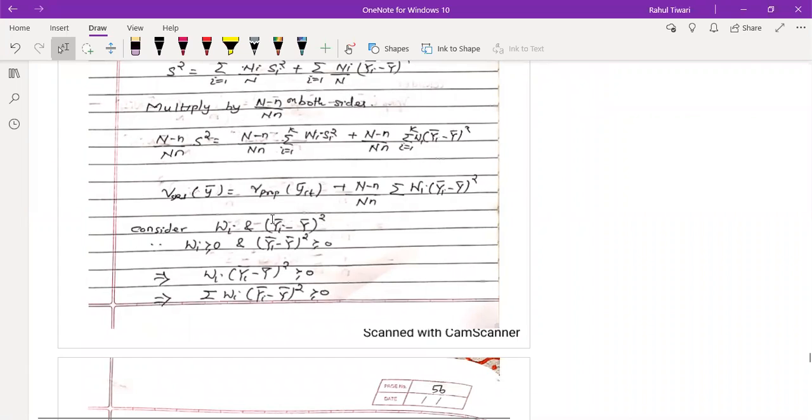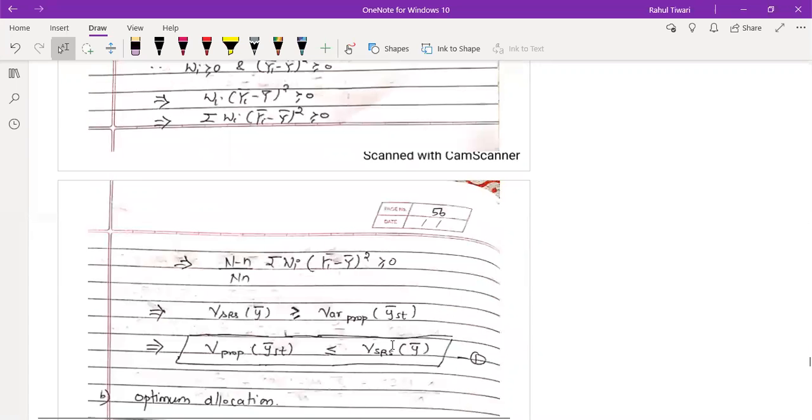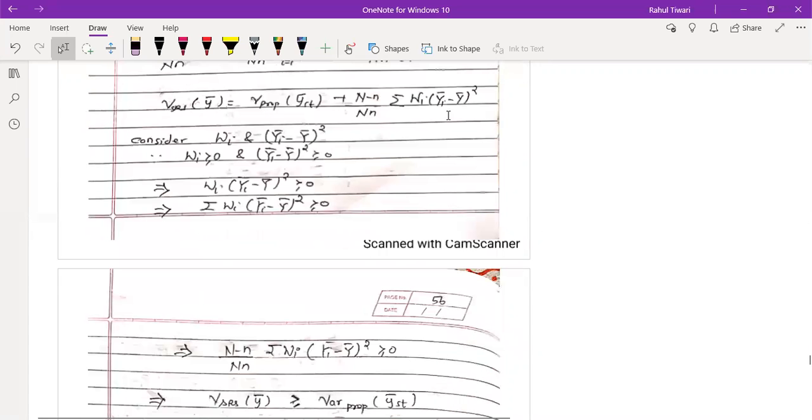And since this is a square, we always know that a square can never be negative. Any number, when squared, becomes positive. So a positive number times a positive number gives a positive multiplication. And if you take the summation, the summation is also positive. That means this quantity is always positive.